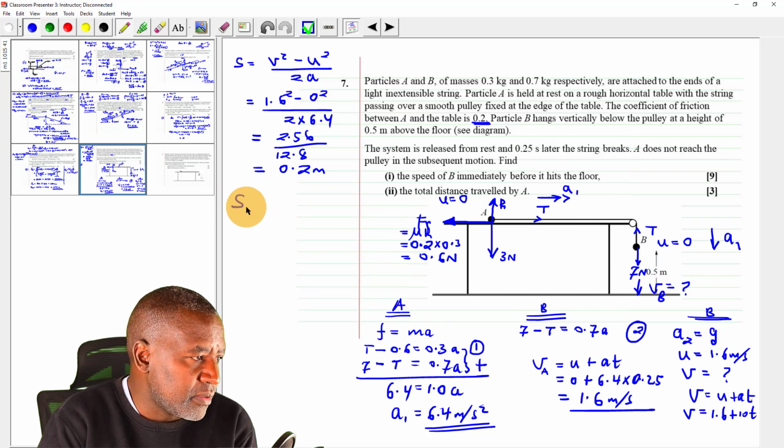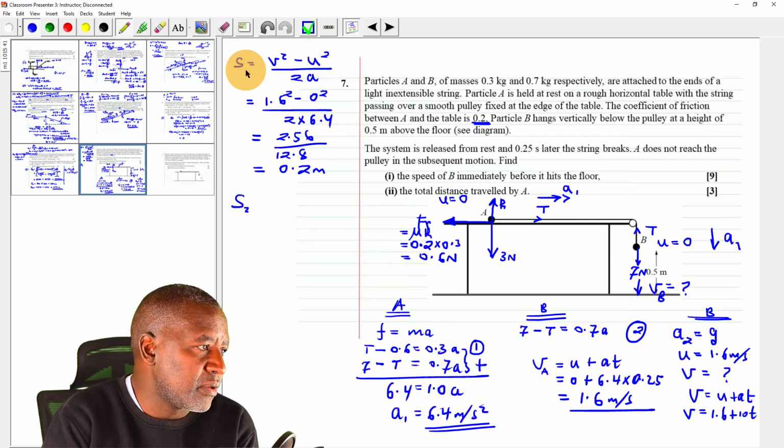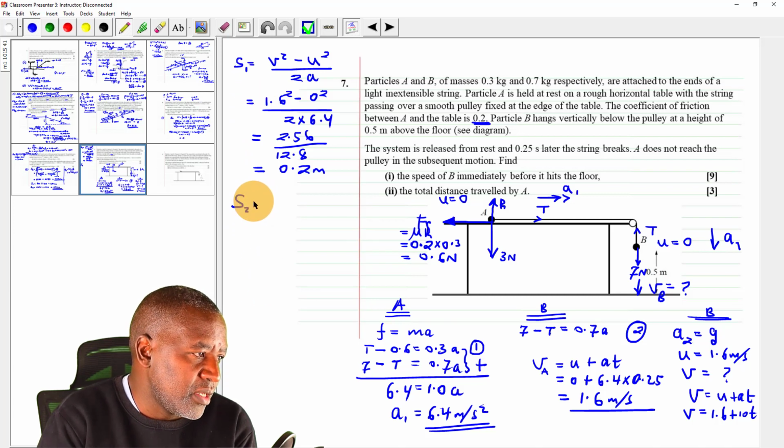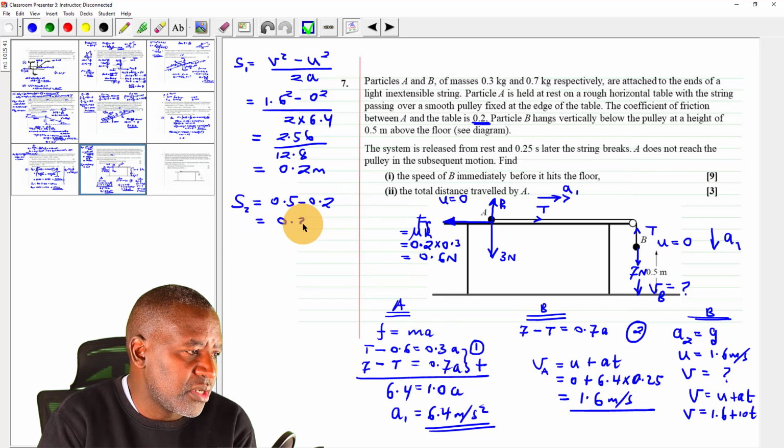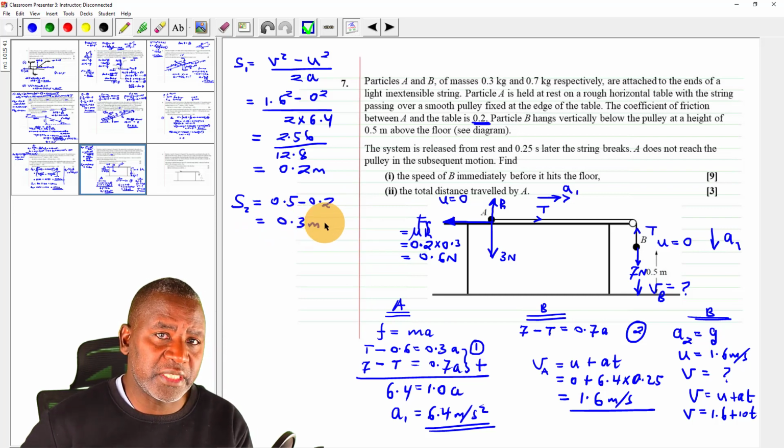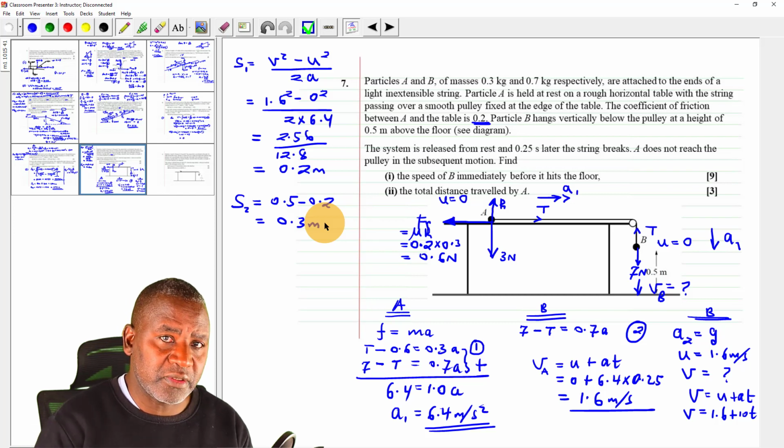Let's call this one S1. S2 will actually be 0.5 minus 0.2, which will give me 0.3 meters.